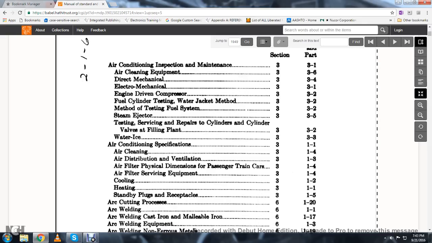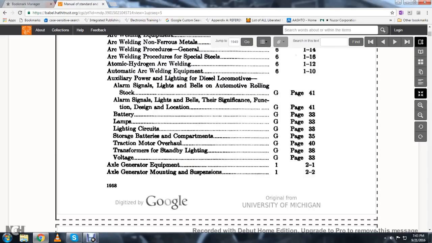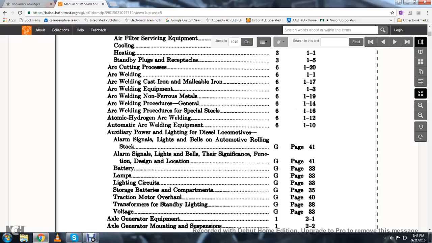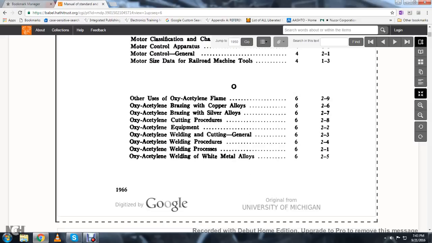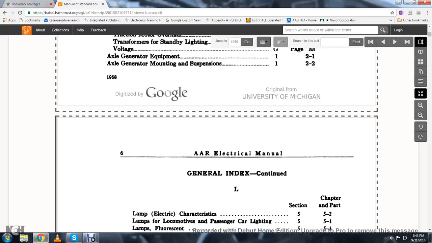All right, we're going to try to read Section 1.